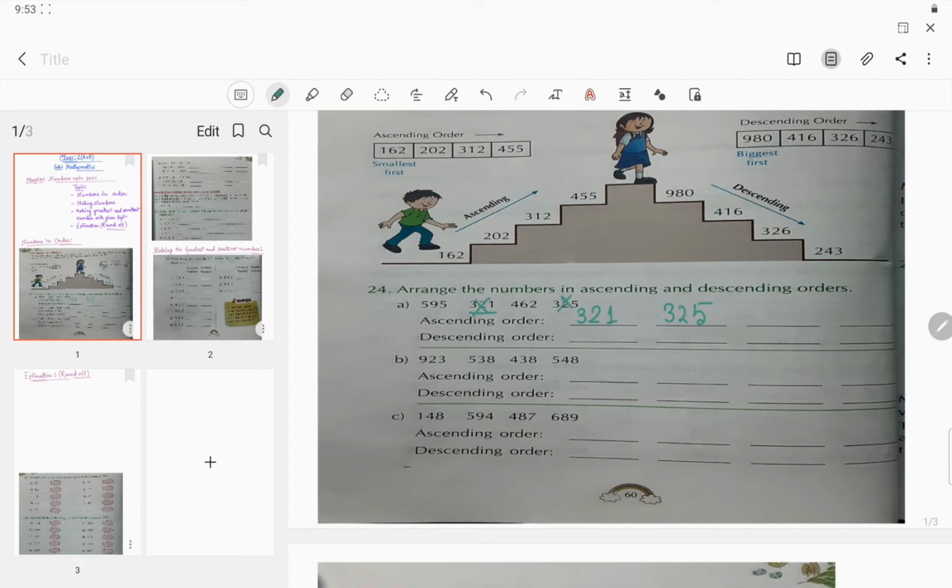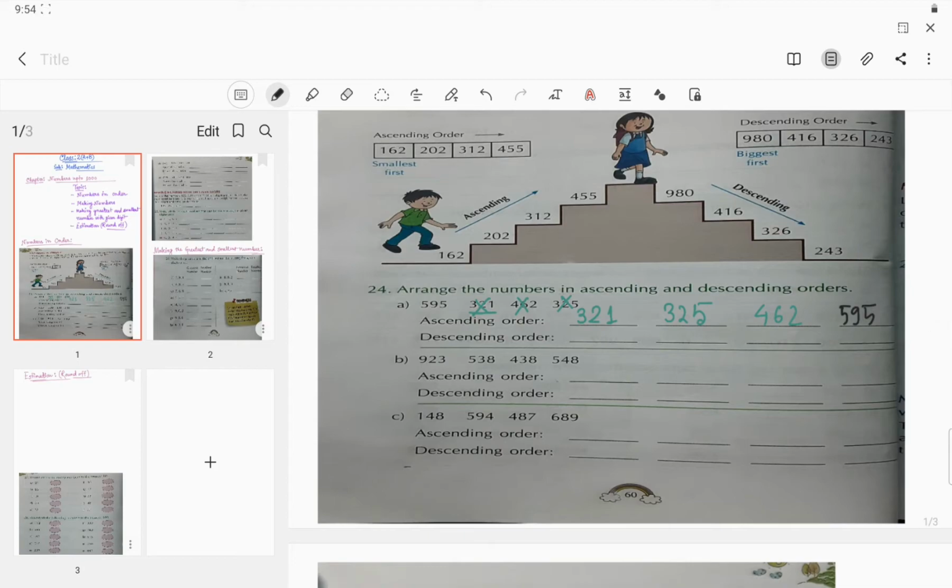Again you have to find out the smallest number among 595 and 462. Yes, it is 462. So I crossed out, and the remaining part is 595. So this is called ascending order.